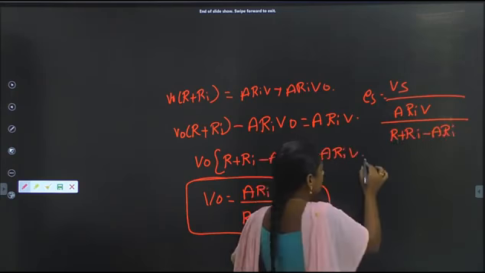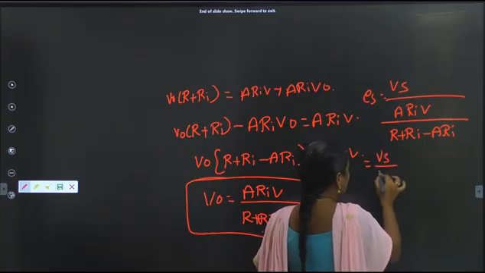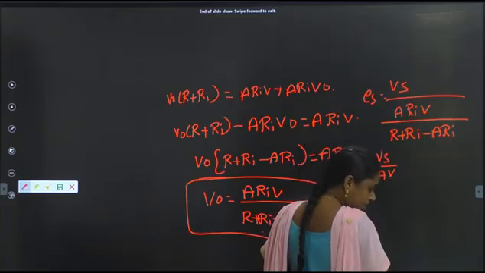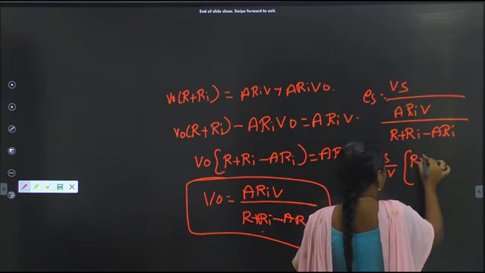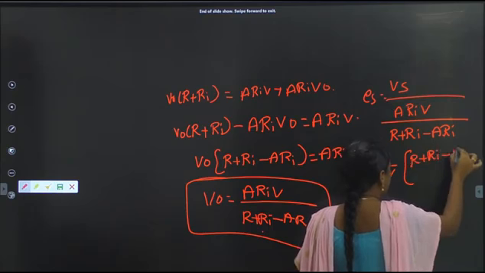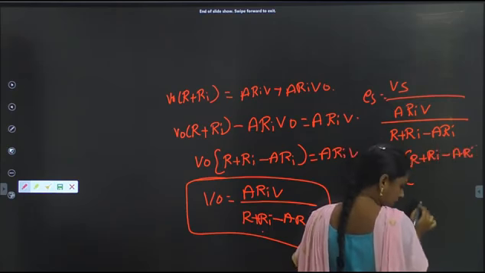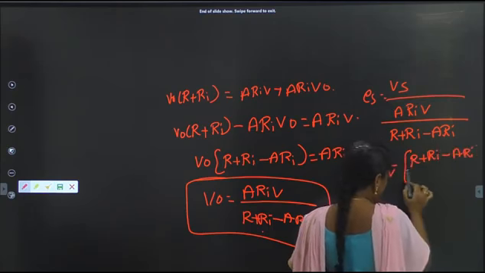So let us take Vs by AV as common. It becomes R plus Ri minus A into Ri by Ri.